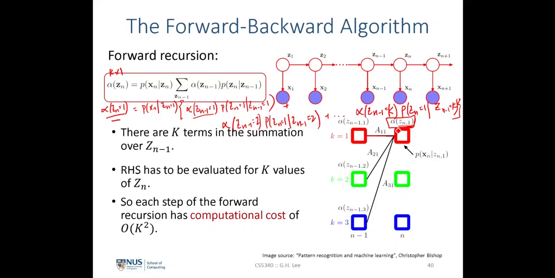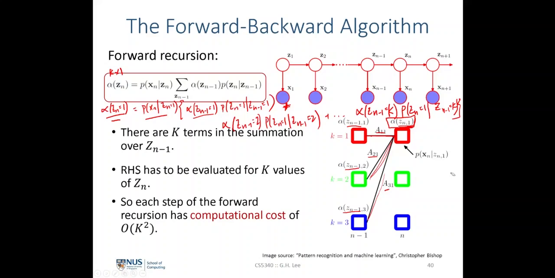Then the second term that I'm going to add up: I'm going to take this term multiplied by this term, which is equivalent to alpha Zn minus 1 equals to 2 multiplied by A21. Then finally, since there are only 3 states, I'm going to take alpha Zn minus 1 equals to 3 multiplied by A31, and these are all going to be summed out and go into alpha Zn equals to 1.